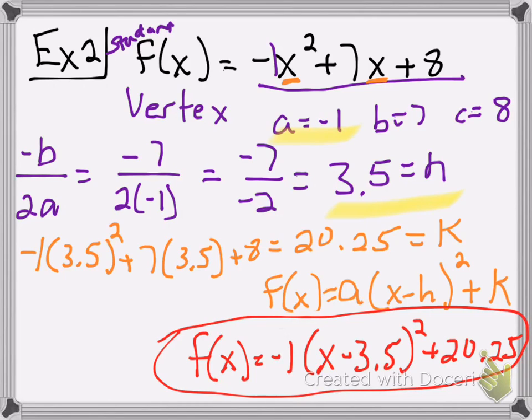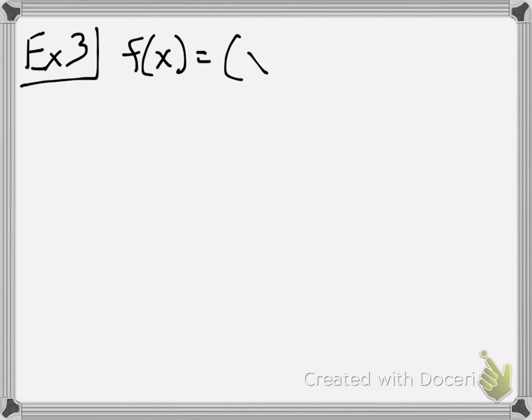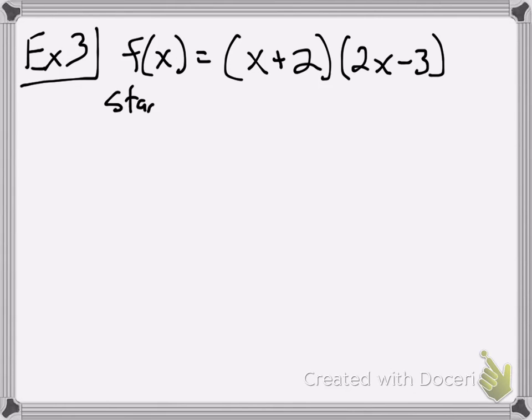Okay? Now, let's go from factored to standard. So let's write something in factored form real quick. Let's go f of x equals x plus 2, 2x minus 3. Now, this one's easy, especially if you're putting it in standard form.